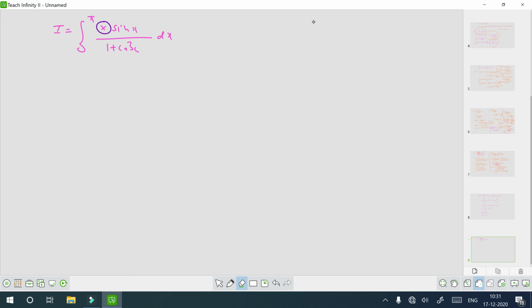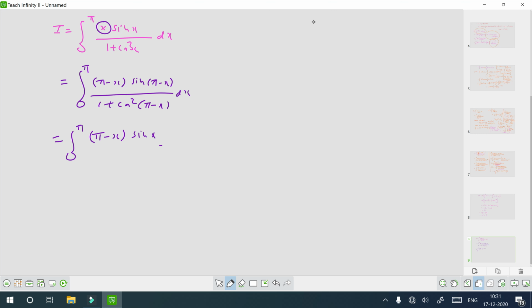પહેલા સોલ્વ કરીએ. That is equal to 0 to pi, pi minus x, sin pi minus x over 1 plus cos square pi minus x into dx. Clear? So 0 to pi, pi minus x, second quadrant sin function positive, so sin x.